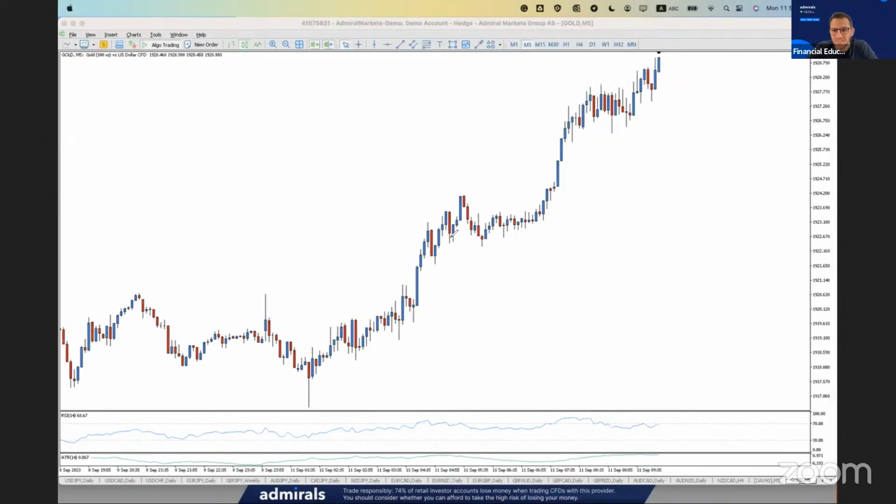All right, that's a little bit more advanced. So we have a strong negative divergence. What does this mean? It's telling us that this impulse move here, compared to this impulse move here, is not that strong.